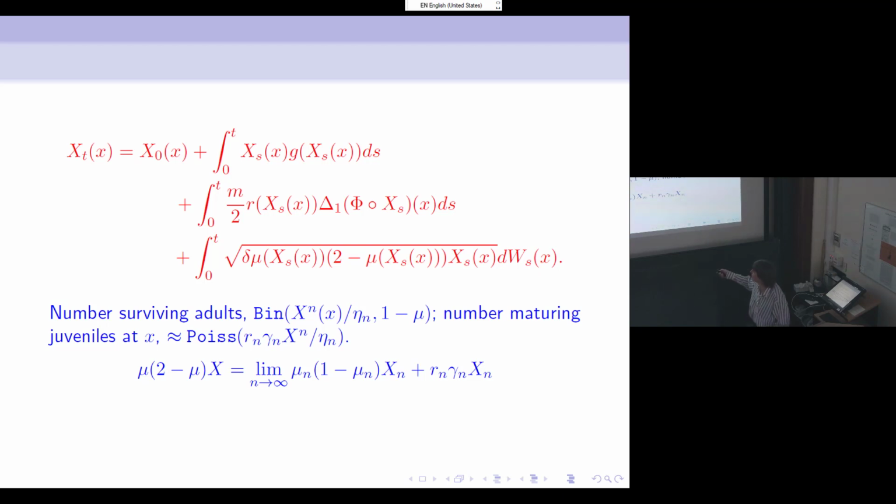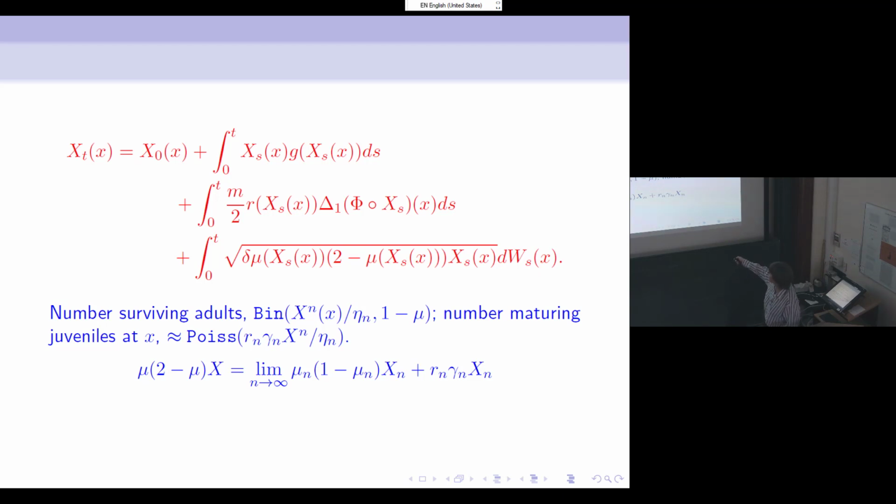And now we can see where this really bizarre looking term comes from, because the number of surviving adults is binomial with the success probability 1 minus mu. And remember, in our derivation of the Wright-Fisher model, we worked out the variance of binomials. And so in the limit as n tends to infinity, the number of surviving adults is going to give us a noise term that looks like mu times 1 minus mu times x.